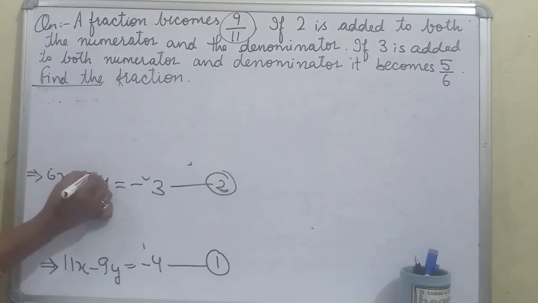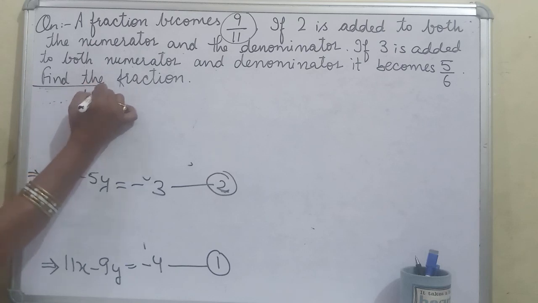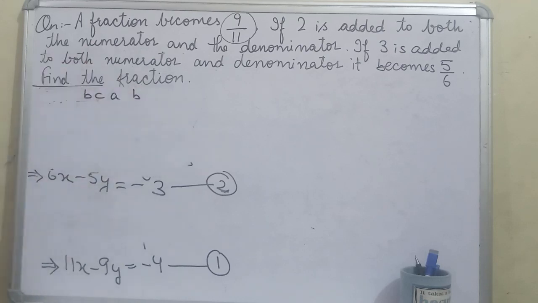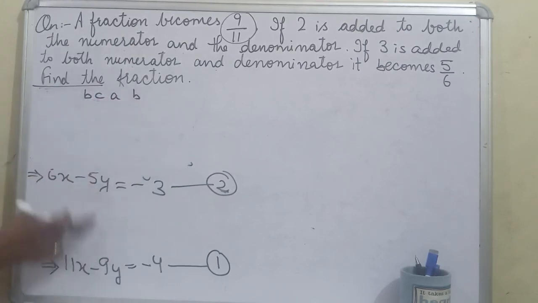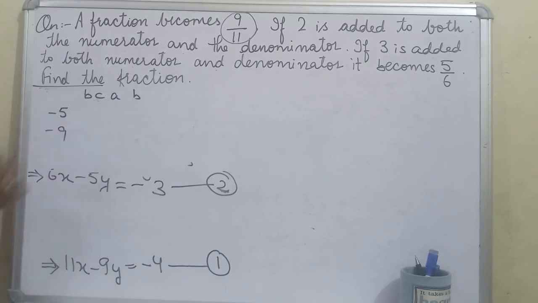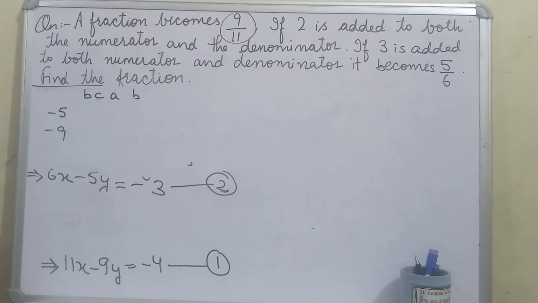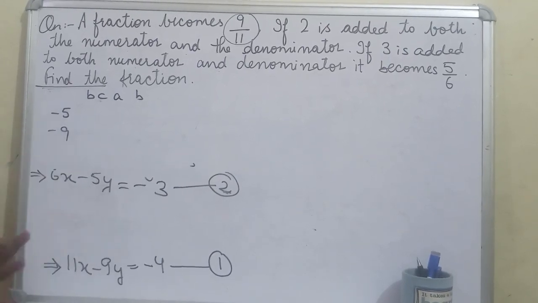Now for applying the cross multiplication method, what do I want to get? I want to get the things in the series B, C, A, B. So this is A, B, C, A, B, C. So I have to write all the things in the order B, C, A, B. What are the values of B here? Minus 5, minus 9. It doesn't make any difference whether you write the coefficients of the second equation first or the first equation first.